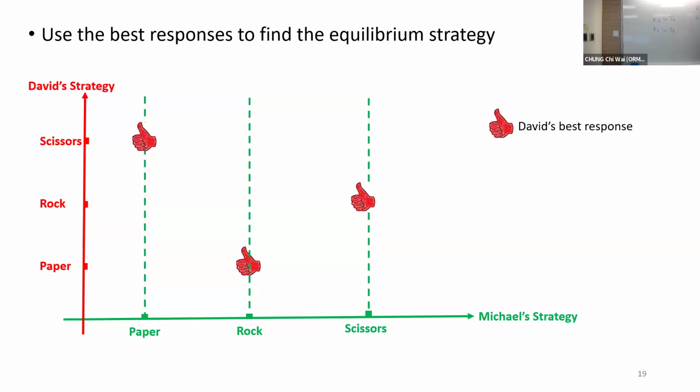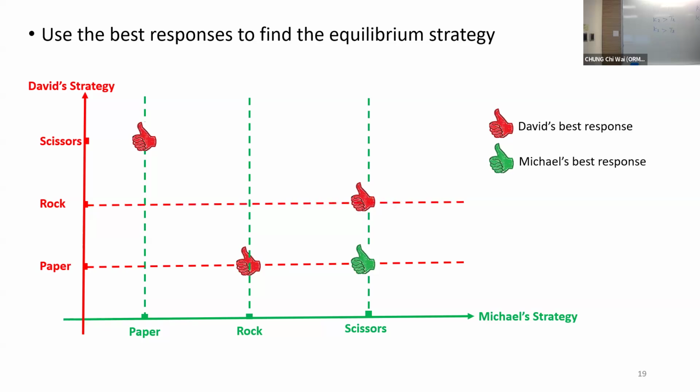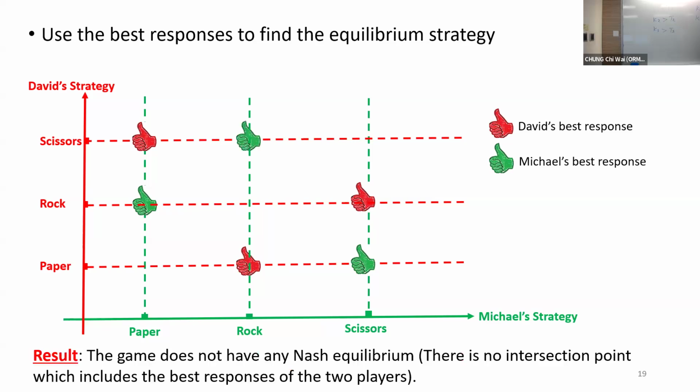Now we go to David. If David chooses paper, the best response of Michael is scissors. If David chooses rock, then the best response of Michael is paper. The last one: if David chooses scissors, then the best response of Michael is rock.